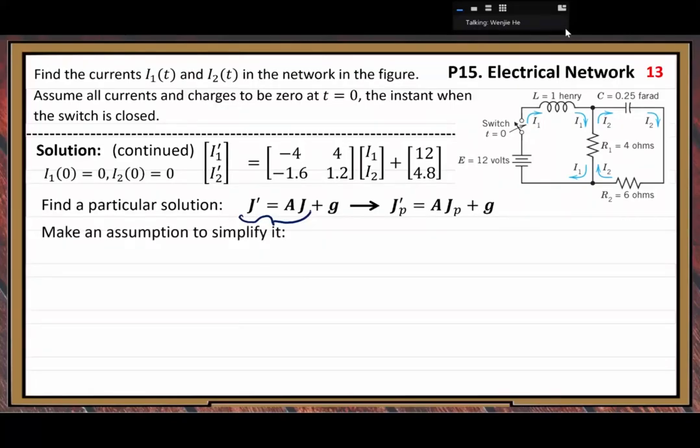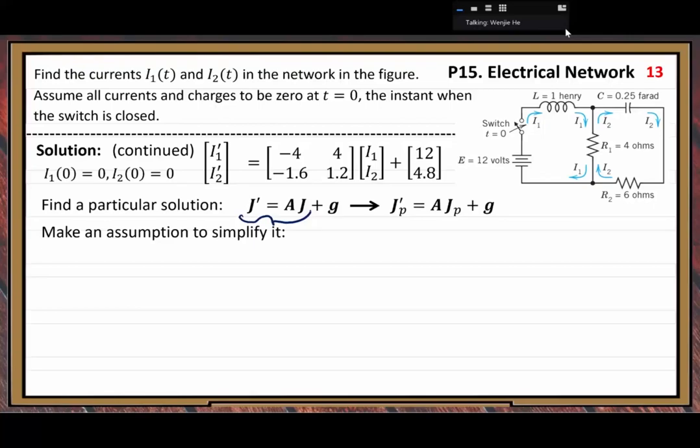Here we need to make an assumption to simplify. We need to use our imagination to make a reasonable assumption, based on our understanding of the structure of this equation.